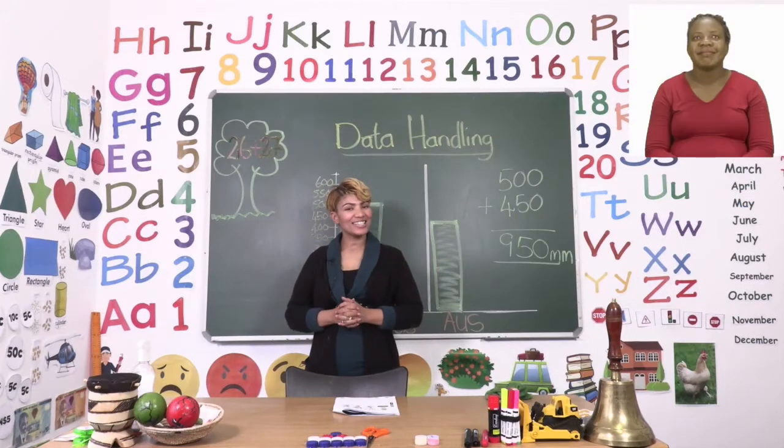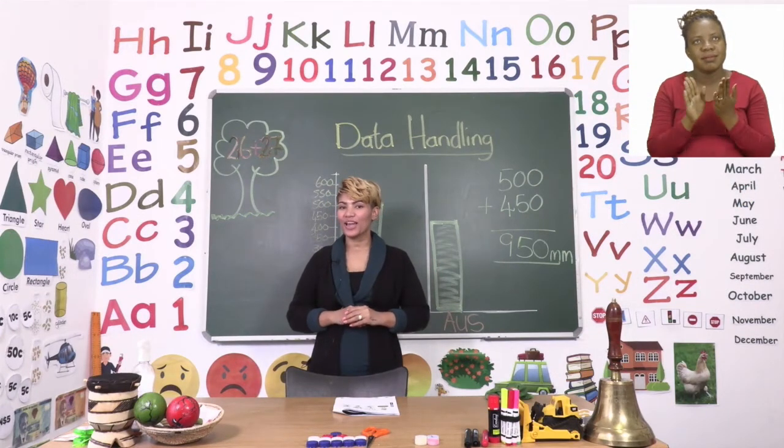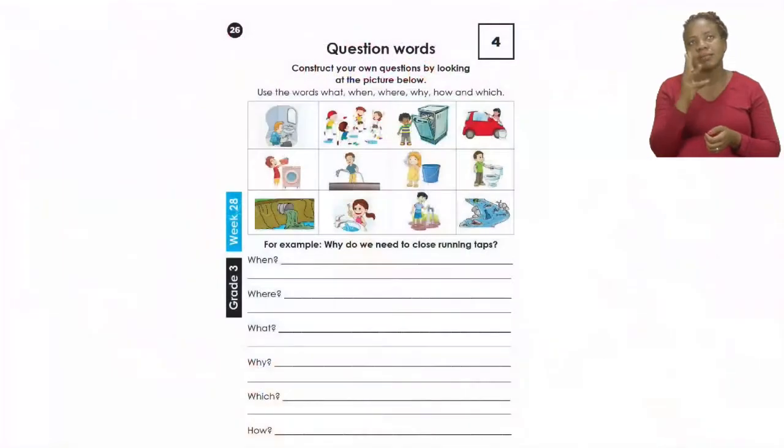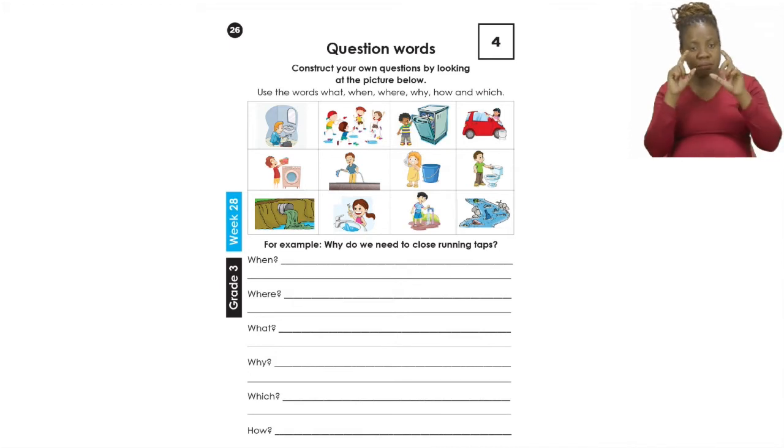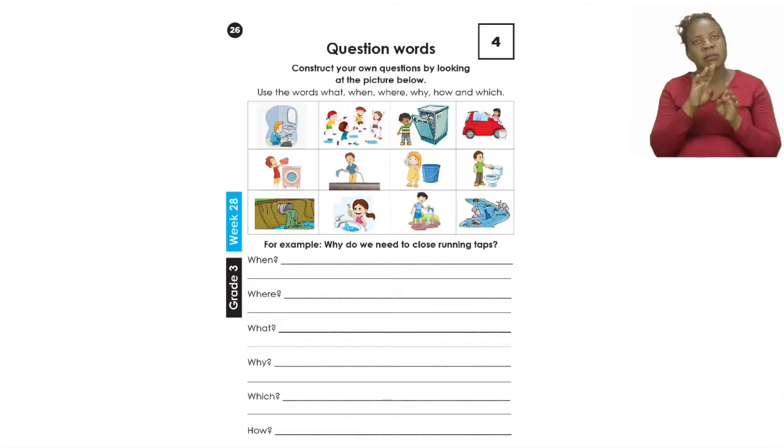In this part of our lesson, let's turn our booklets to page 26. On page 26, we have to do question words. It says we have to construct your own questions by looking at the pictures below. Now, the question words that you have to use are what, when, where, why, how, and which.